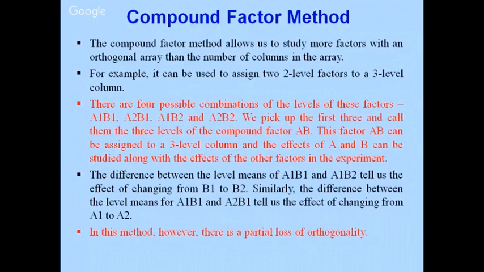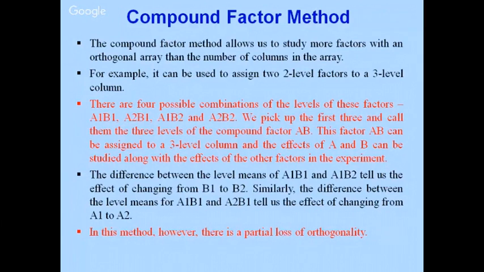Suppose we have 2 factors with 2 levels. Total combinations are A1, B1, A2, B1, A1, B2, and A2, B2. You can eliminate either the last one or the first one. Suppose I eliminate the last one. I have 3 levels left. I can assign it to a 3-level column. Now change from A1 to A2 will be given by the first 2 levels.